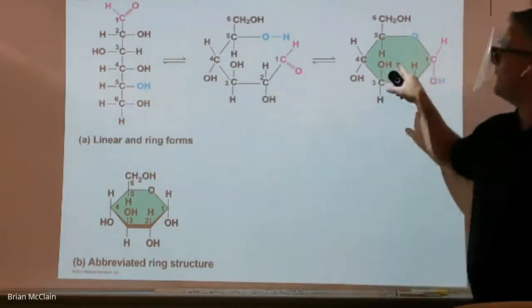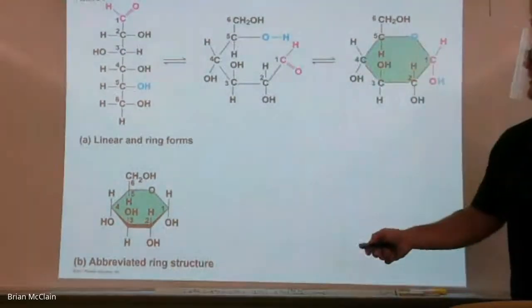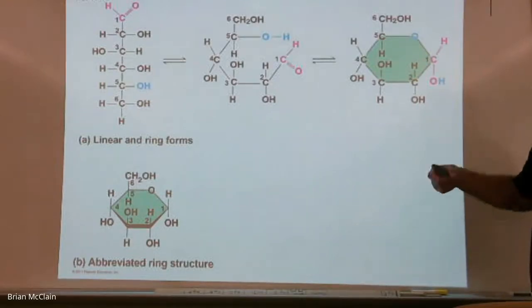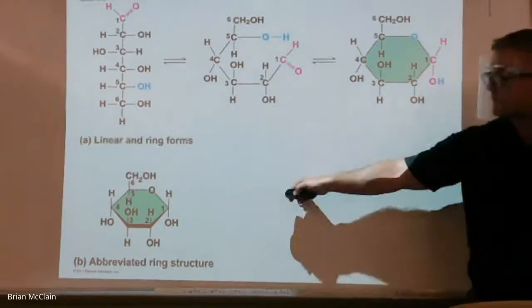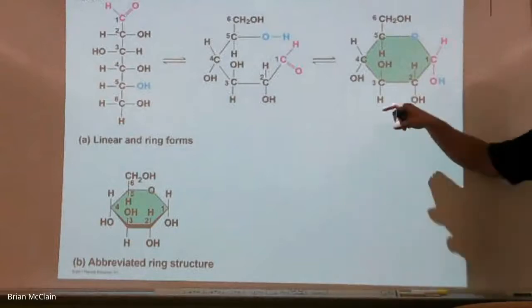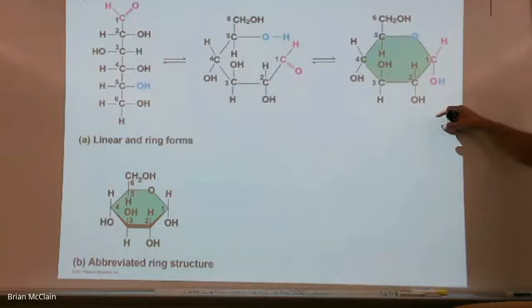Also, if you look at this compared to this diagram right here, this is an abbreviated version because every point in here is not referenced as a carbon, but we know it's a carbon unless it's identified as something different, because that's a carbon structure. So this one, we actually go through and label the carbons and oxygens and things of that sort.